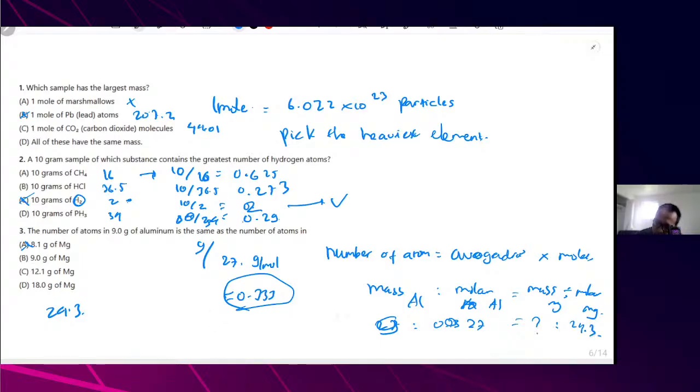So we end up with the mass being 8.1. Good.